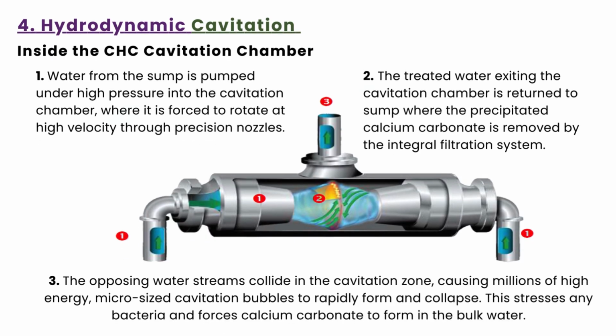And how does this help? First, how do we make the cavitation? You see from both the sides, number 1 and 1, the water is coming from both the ends, and it is going and hitting, and it is going inside a chamber, the chamber is number 2, and finally it is coming out from chamber number 3.